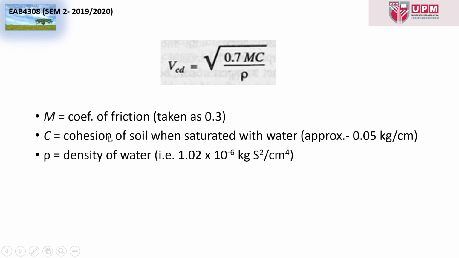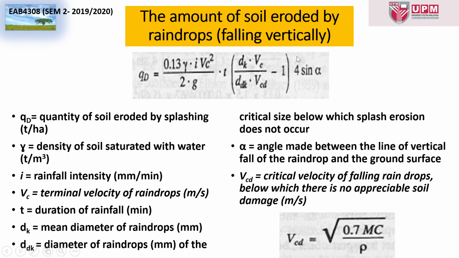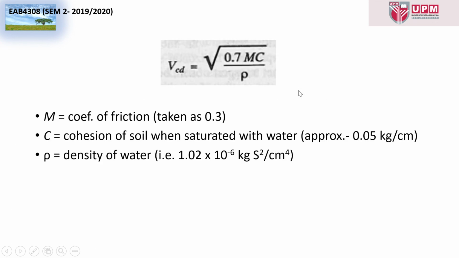M is coefficient of friction, C is cohesion of soil when saturated with water, and this is density of water. Normally these values can be used in calculation. These are approximation values. You will have a chance to use this formula in the exercise.